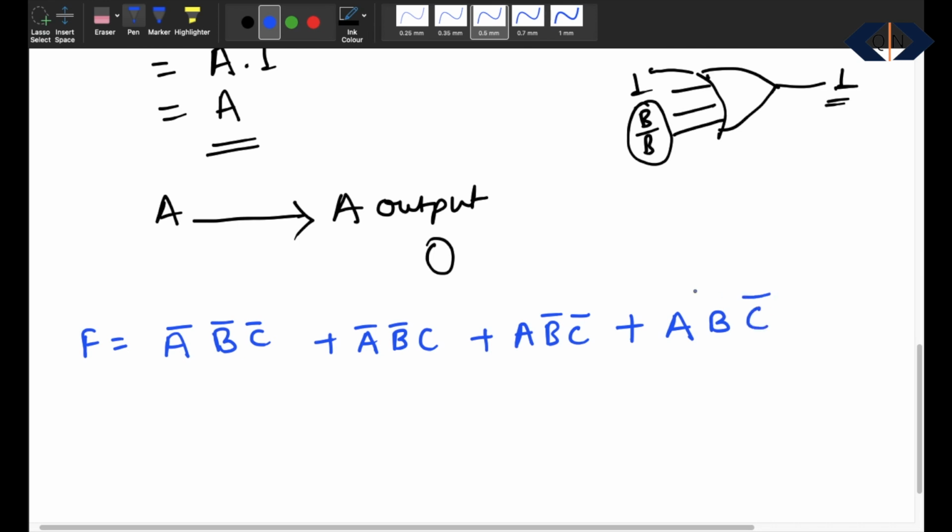So this is the circuit where we are having AND gate, AND gate, AND gate, AND gate, and they are connected with an OR gate finally.